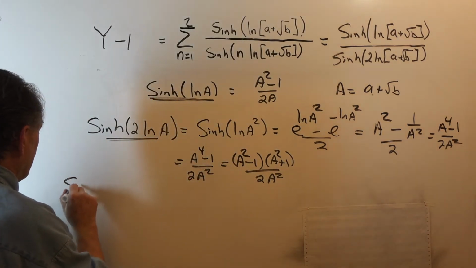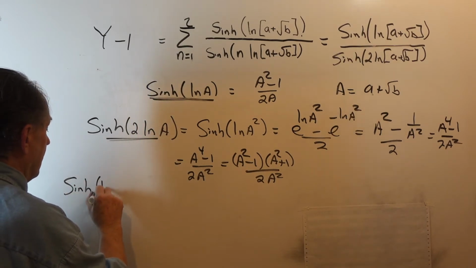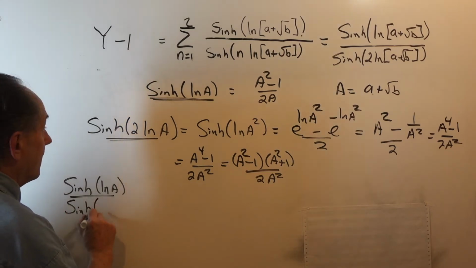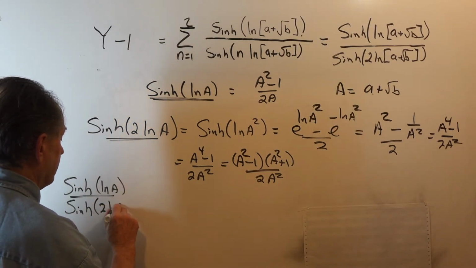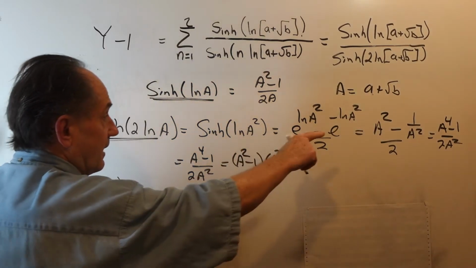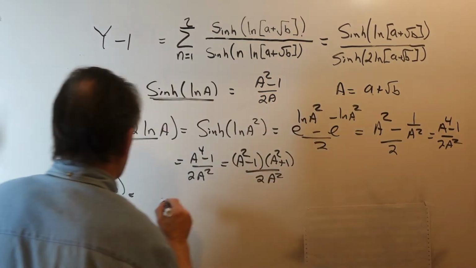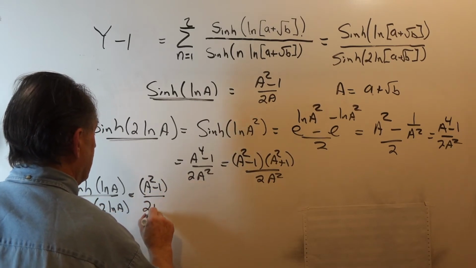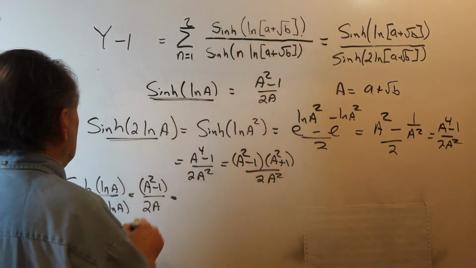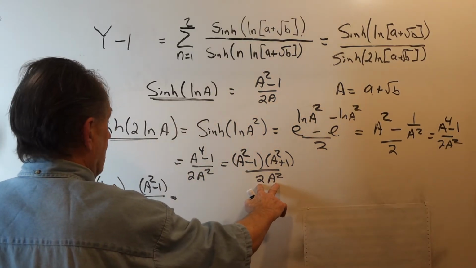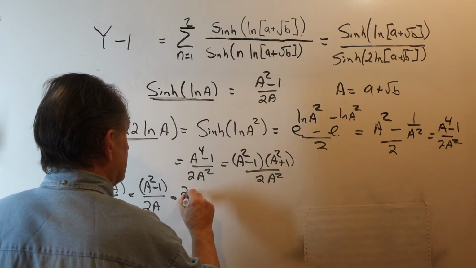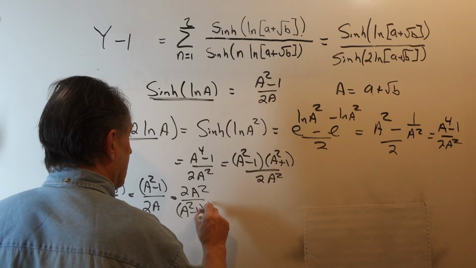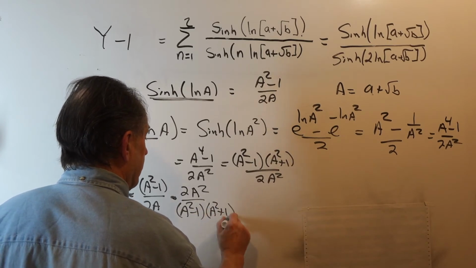So hyperbolic sine of the natural log of a divided by the hyperbolic sine of 2 natural log of a then becomes, we have this, which is a squared minus 1 over 2a, and we divide by this, or multiply by the reciprocal, which is 2a squared over a squared minus 1 times a squared plus 1.